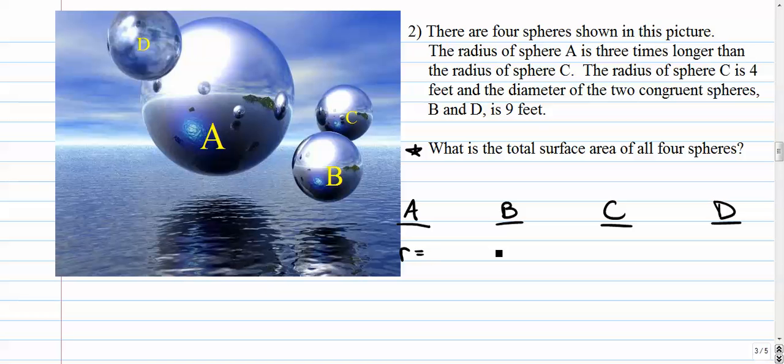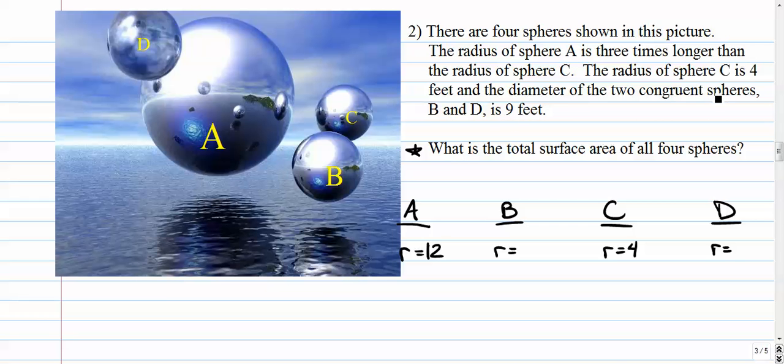The directions tell us that the radius of sphere A is 3 times longer than the radius of sphere C. The radius of sphere C is 4 feet, so I'll put that down here. Sphere A is 3 times longer than 4, so it's 12.